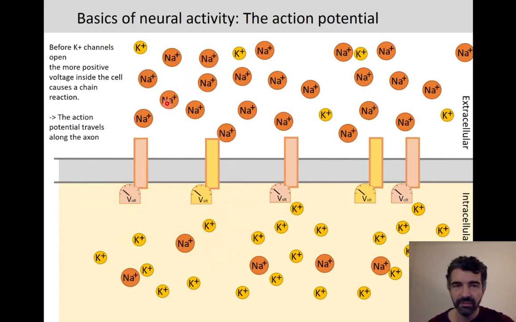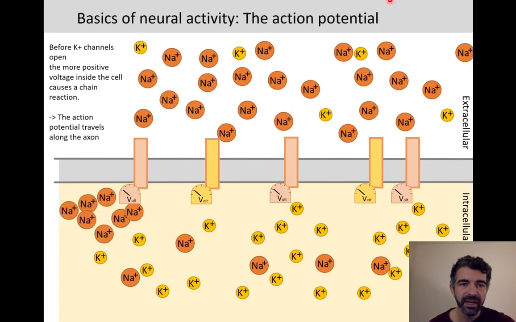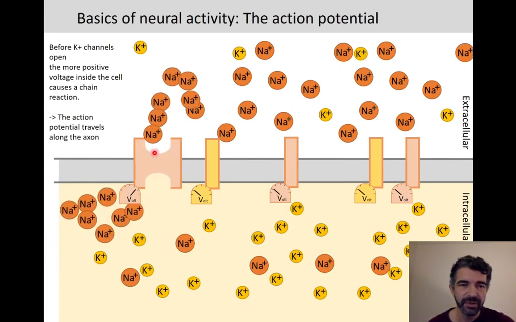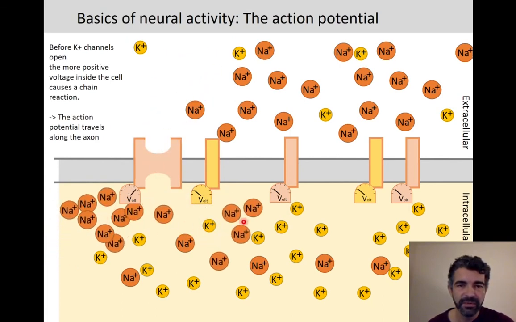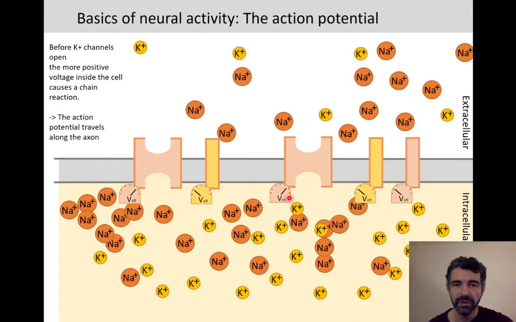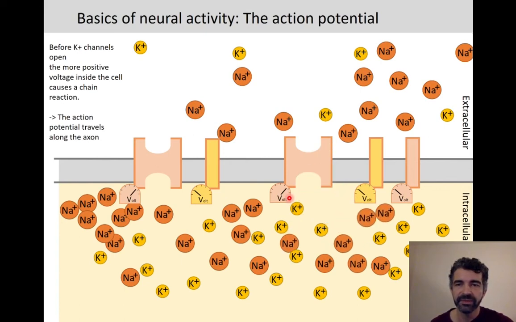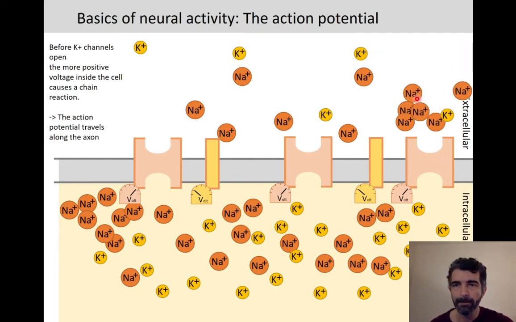So we have a positivity here which opens this channel, more positive ions flow in, which means that this Na+ channel opens as well, more Na+ goes in here, which changes the voltage gated channel to allow more Na+ to get inside of the cell.